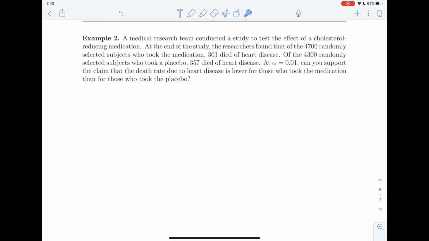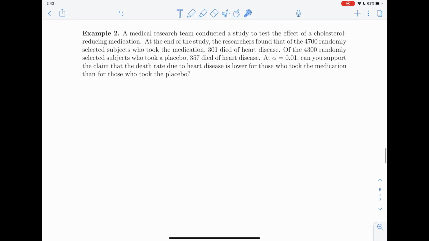That's what we're going to test. And this is the type of situation where hypothesis testing is really important, because people's lives are on the line, and you know this medical company is spending millions, if not billions of dollars on this type of research. So let's take a look and see if we can or cannot support this claim.